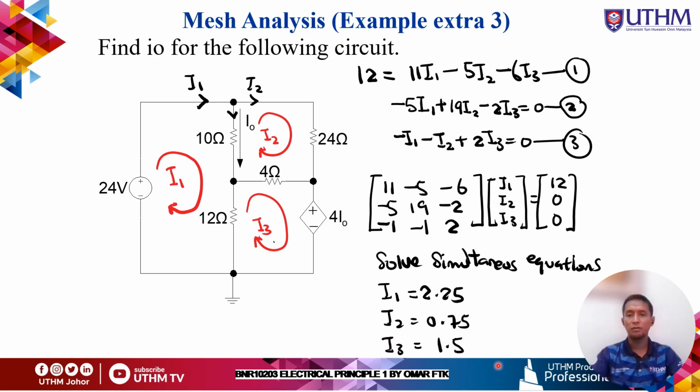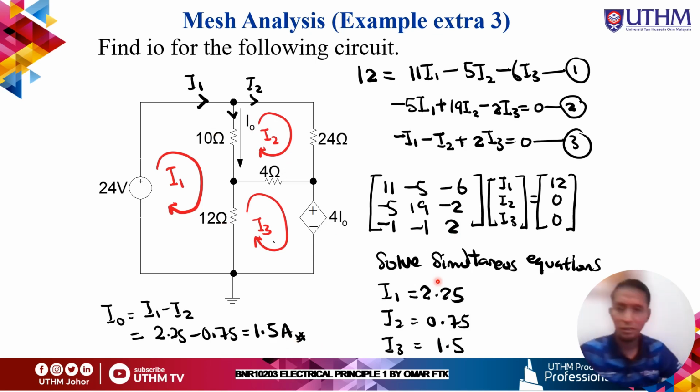Okay, so from this you can just find the IO value, which is IO equals I1 minus I2. Okay, so I1 is 2.25 minus 0.75. So you will have 1.5 ampere for the IO. Okay, so that's it for this example.